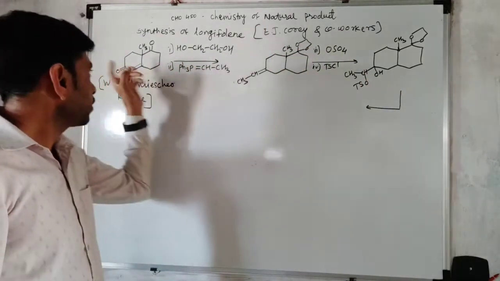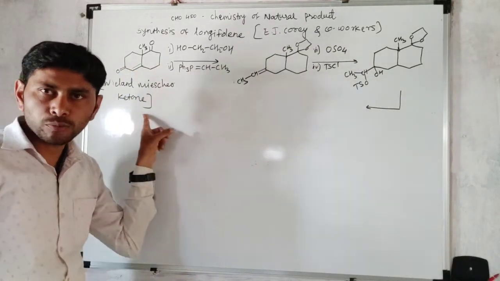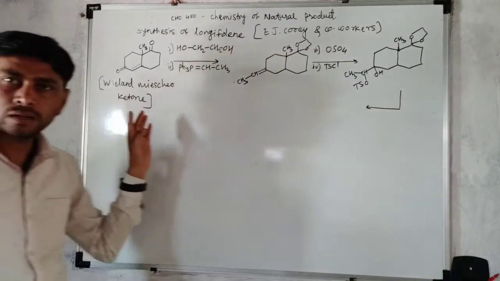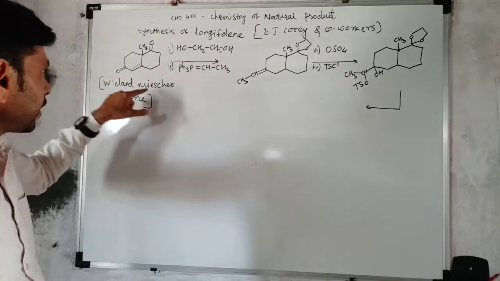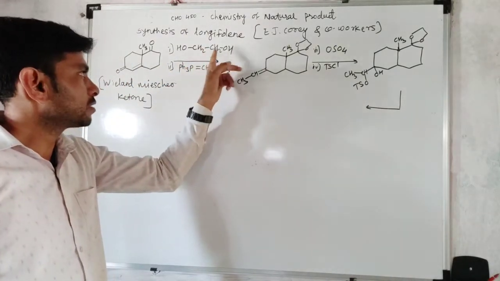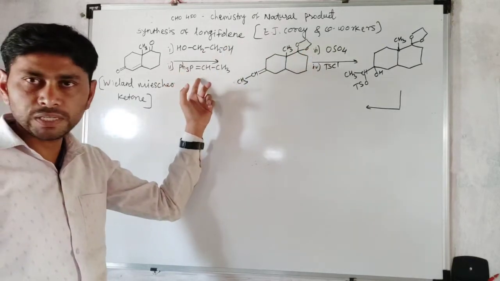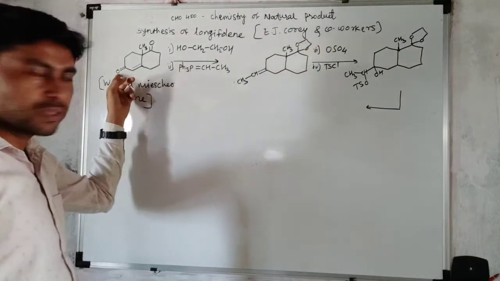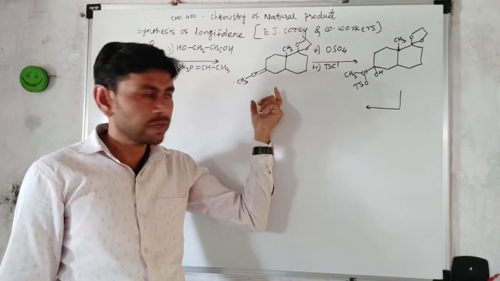In this step, we have used Wieland-Miescher ketone that can be obtained by Robinson annulation of 2-methyl cyclohexane 1,3-dione. So this Wieland-Miescher ketone, when treated with this diol compound, there is protection of one carbonyl group. Another, we have used a Wittig reagent. That reagent reacts with the other carbonyl group to form a carbon-carbon double bond.